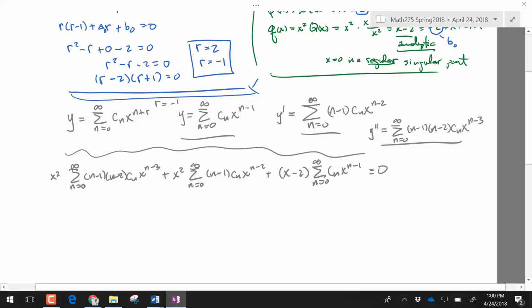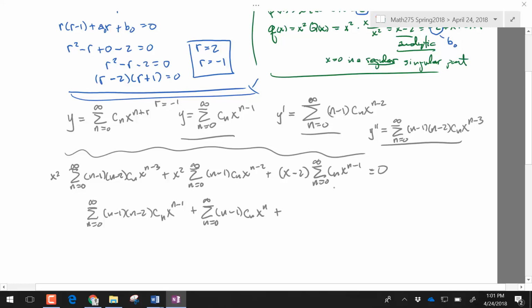So if we take this x squared into here, we're going to get n goes from 0 to infinity of n minus 1, n minus 2, c sub n, x. Now we have to add 2 to this, so it becomes the n minus 1 power. And let's multiply this by x squared in here. We get n minus 1, c sub n, then x to the n minus 2 plus 2, so that's just n.